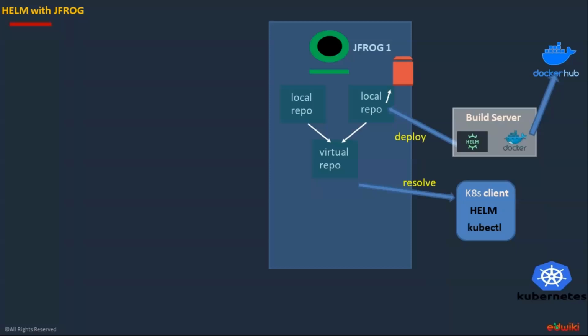Helm just takes the Helm chart, applies the values, prepares the final manifest files, then hands those final manifest files over to kubectl. kubectl is the one responsible for talking to Kubernetes and doing the needful for you. So from our perspective, we understand that Helm is doing the deployment, but internally Helm is using kubectl only to do this deployment process.